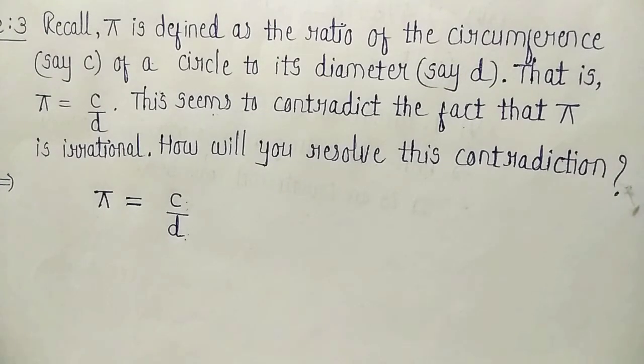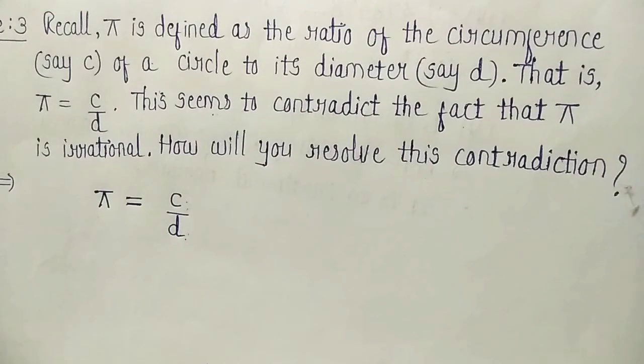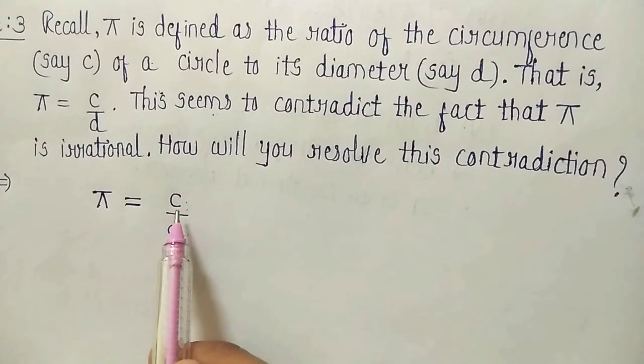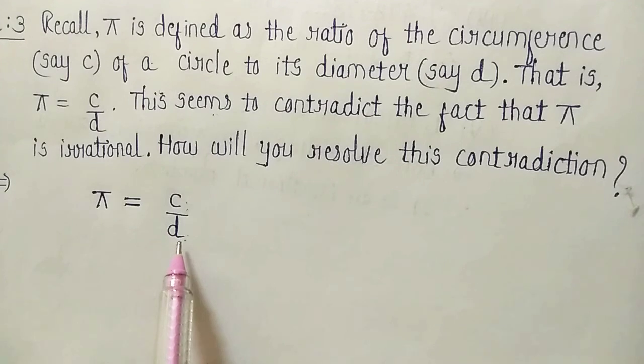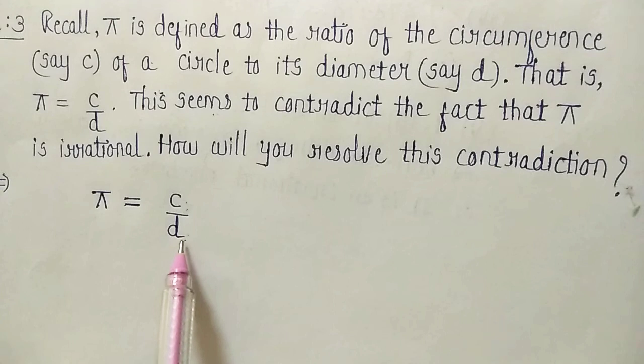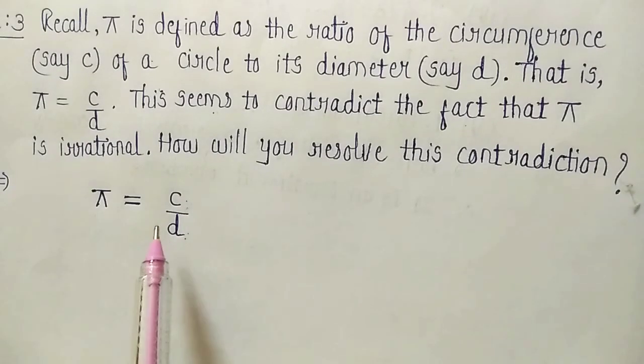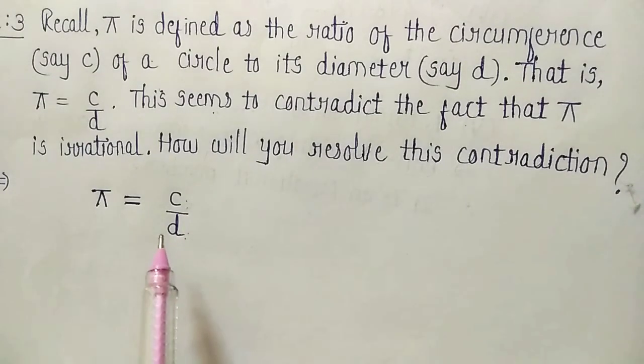It is very easy to resolve this contradiction. How? See, C is circumference, D is diameter. Circumference is the length, diameter is twice the radius. So when we measure the length of any line with the help of a scale or with any other device, whatever value we get, that is an approximate rational value.